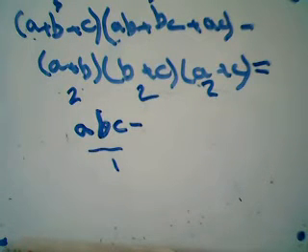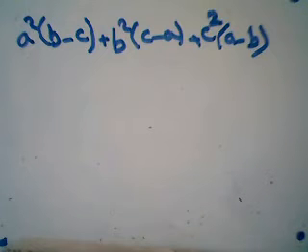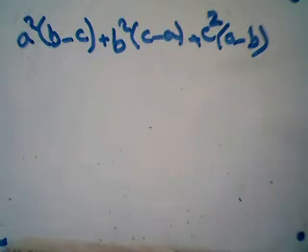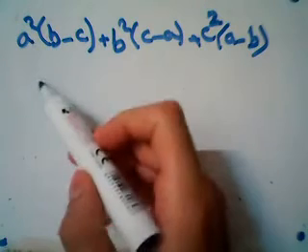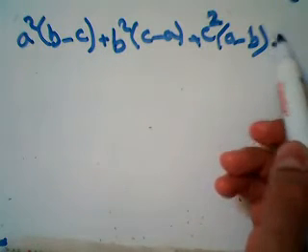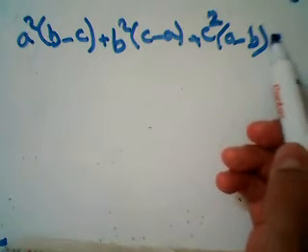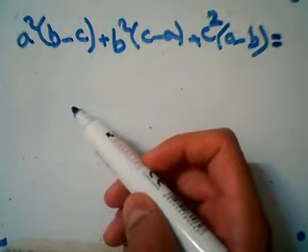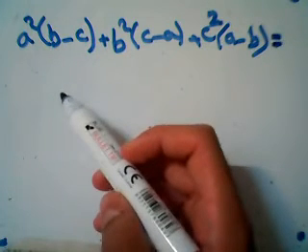Okay, let's have another example. Let's factor it. It is symmetrical. You could check that as a practice. But let's factor it. And first, let's find one factor of it.